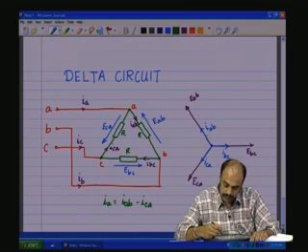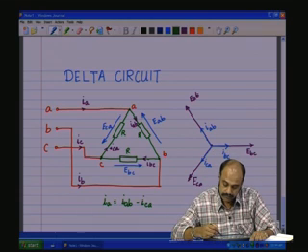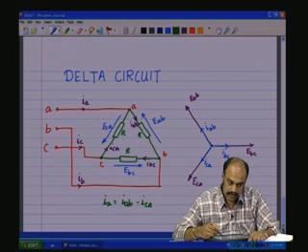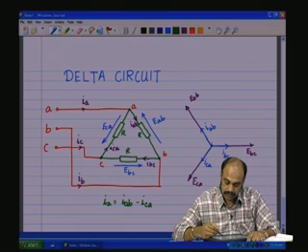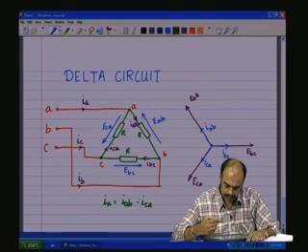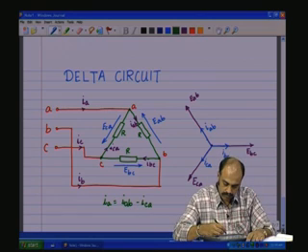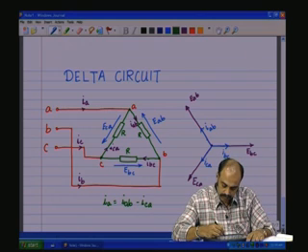Now, here if you look at IA minus ICA, so minus ICA is going to give you the resultant current. So, let me draw this.